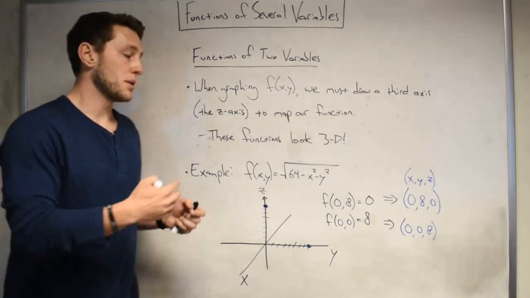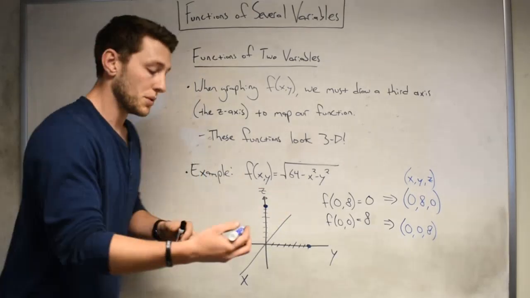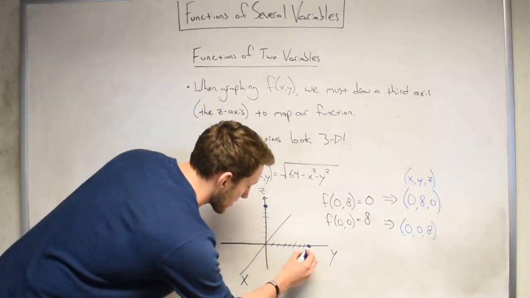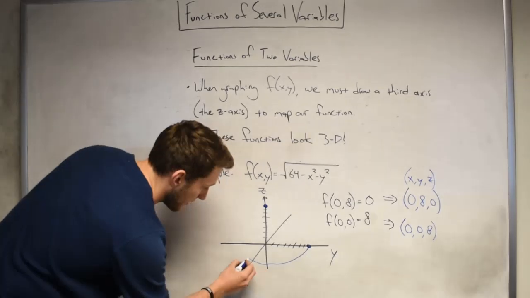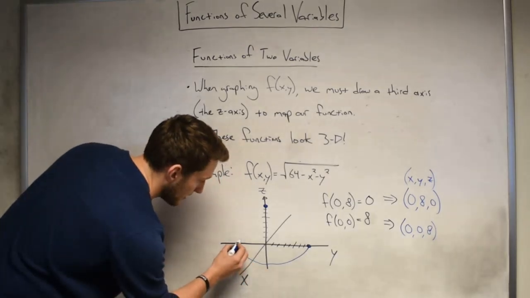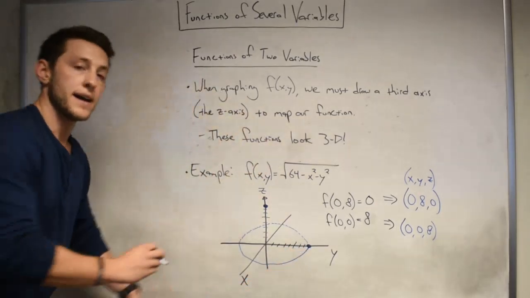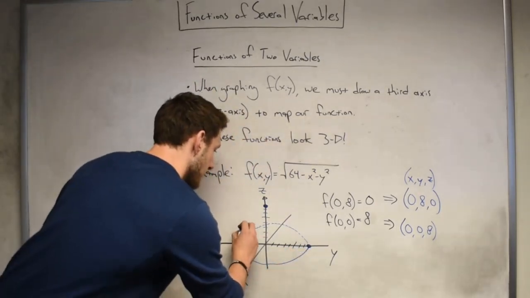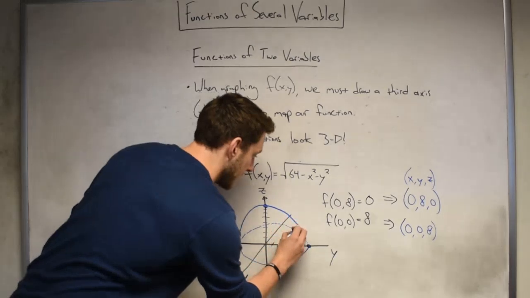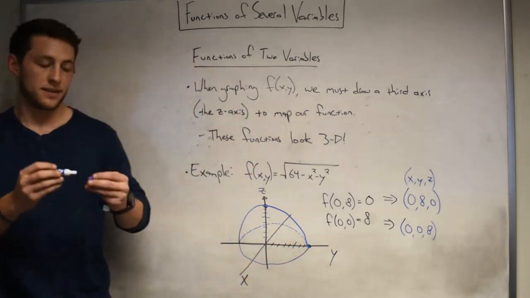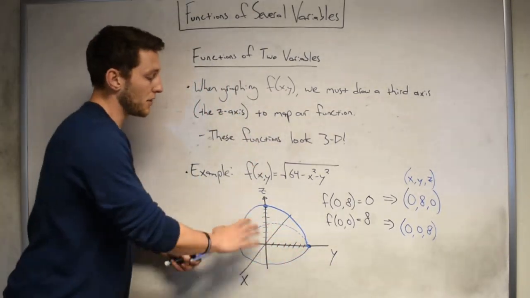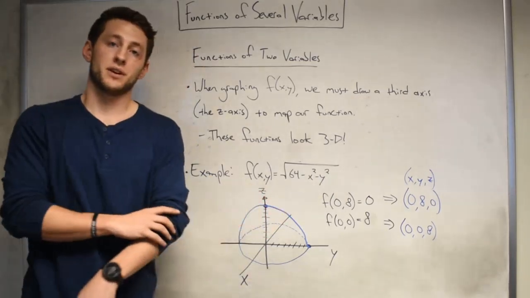Now it turns out if we were to fill in every single point, what we would end up getting is a circle down here, kind of on the plane. And then it looks a little bit like a dome. All these points will just fill in the outer shell of the dome.